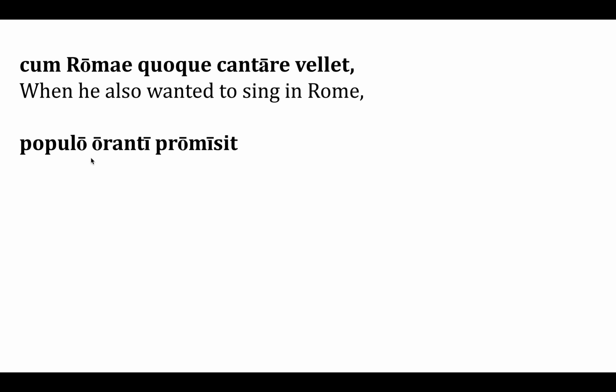And the answer comes in the next word, promisit. So promisit means he promised. And just like in English, you promise to someone, right? You make a promise to someone. In Latin, promittere can be followed by the dative case. You promise to someone. So he promised to the people who were begging, or as they begged him, or something like that.